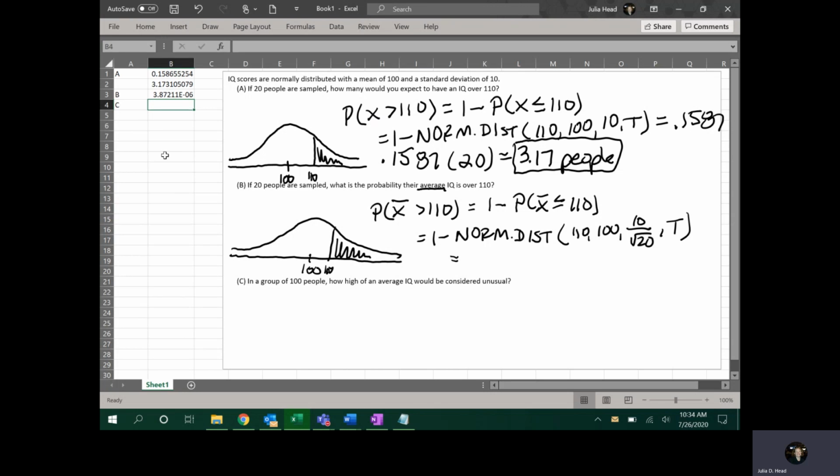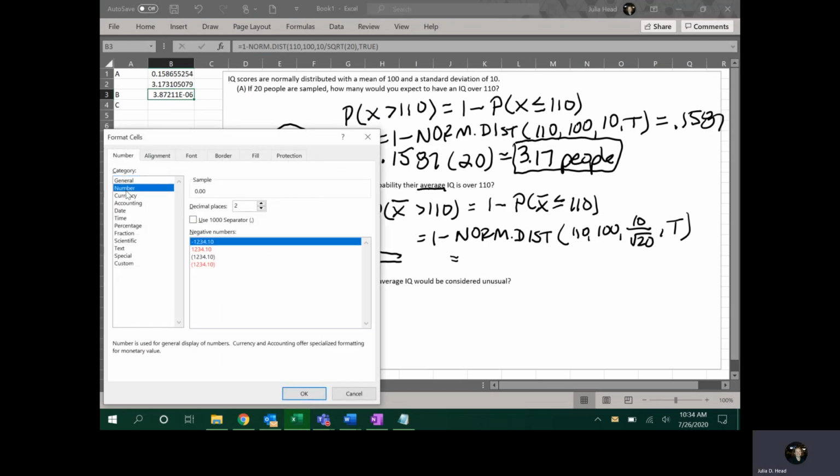Now it gives me a number in scientific notation. You can take care of this a lot of different ways. If you can convert scientific notation easily, that's probably the fastest way. If not, you can format the cells. Change it to a number and show however many decimal places to convince me that it's not 0. And there it was at 6 decimal places.